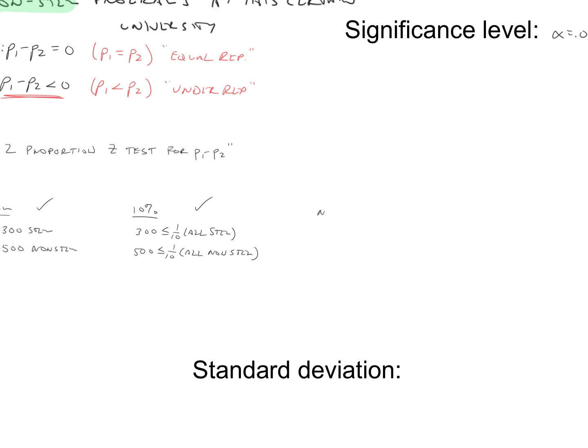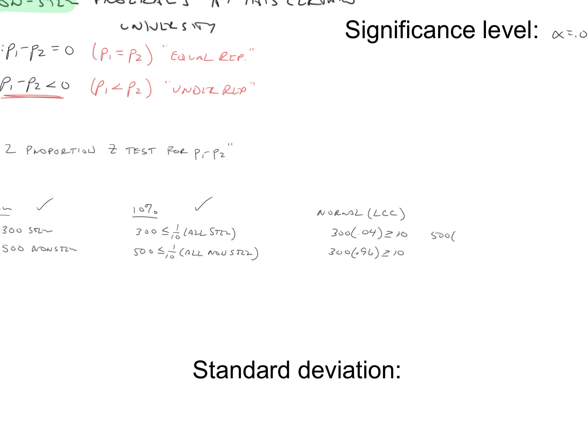And then finally, we'll check our normal condition, which is the large counts condition. Imagine I take my 300 and 0.04 are represented as Black or Hispanic females. Did I expect at least 10? Sure I did. 300 times 0.96, is that greater than or equal to 10? Yep.